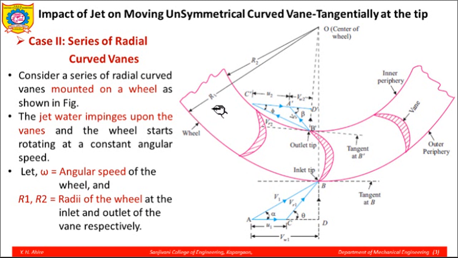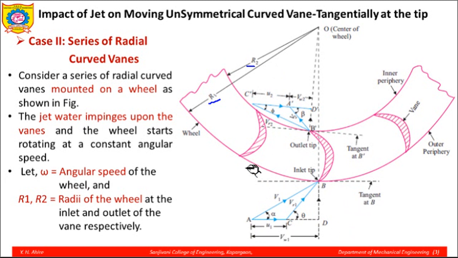The outer periphery radius is defined as R1 and the inner periphery radius is defined as R2. R1, with subscript one for inlet of a fluid, subscript two for outlet of a fluid.